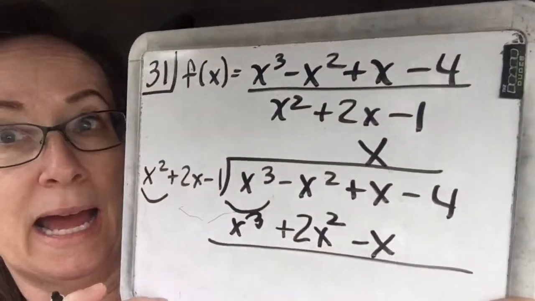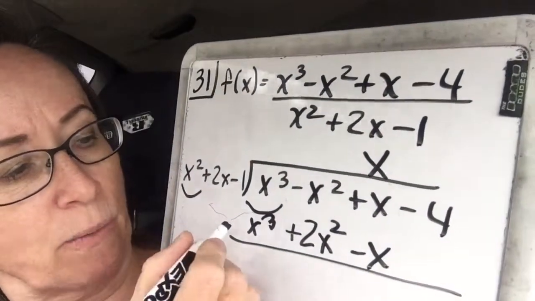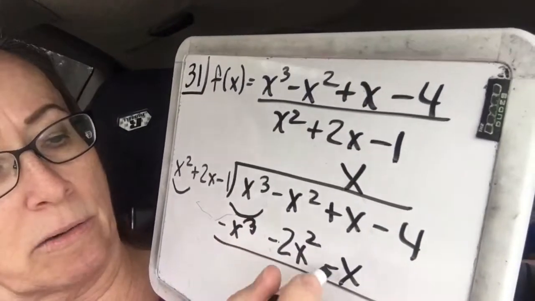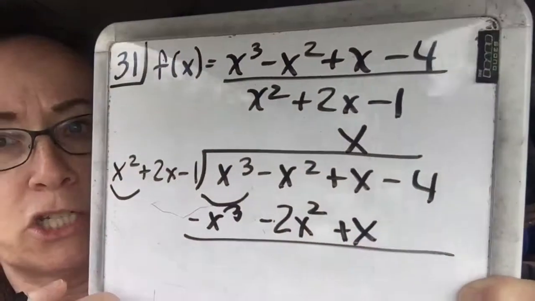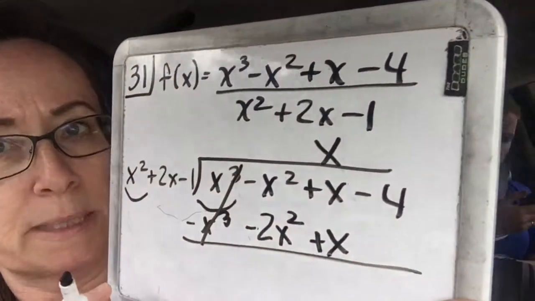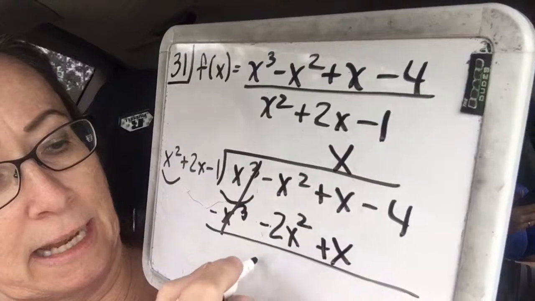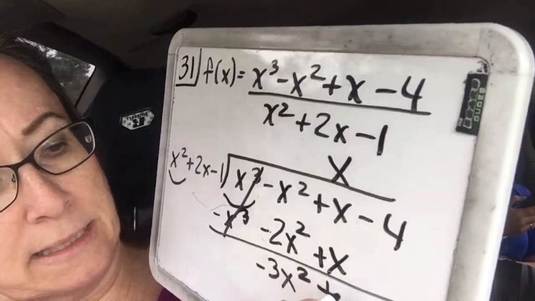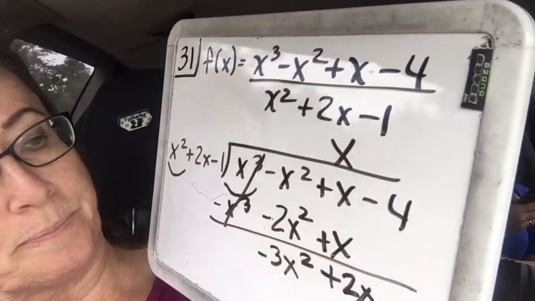Now I'm subtracting, so I will change each sign as I go across. Okay, so I changed all the signs, and now I add. This should always go out. That's my check. And then I get a negative 3x squared plus 2x.